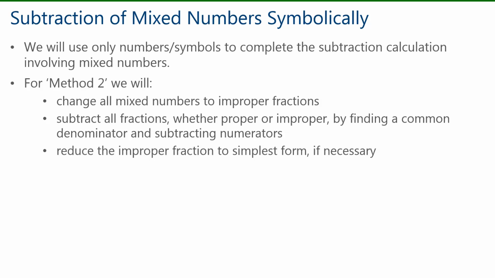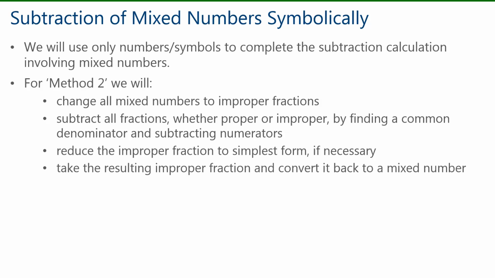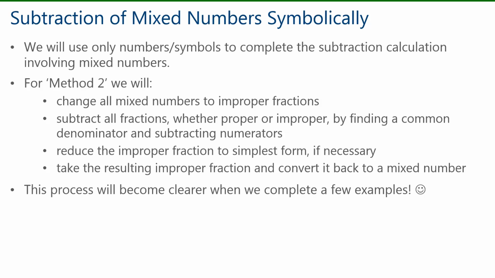We will then reduce the improper fraction to simplest form if we need to, then take that resulting improper fraction, convert it back to a mixed number, because as I mentioned before, if your question is being given as mixed numbers, then your answer should be as a mixed number as well. And as always, this process will become clearer once we look at a few examples.